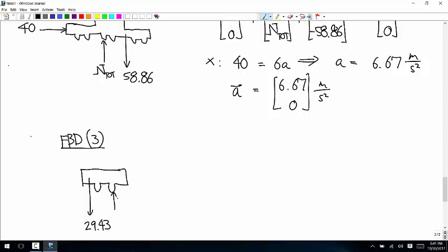And then there's a normal force, I'll call that N3. And then there's this contact force, that is the force on 3 by 2.